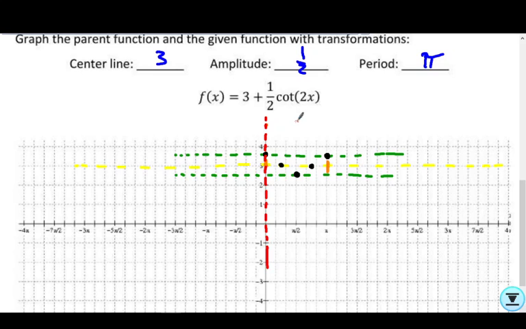So there's an asymptote there, an asymptote there, asymptote there. Shares the same zeros, and then right here, right here, right here, and right here, using the box. And that's what my cotangent looks like, using the box method.